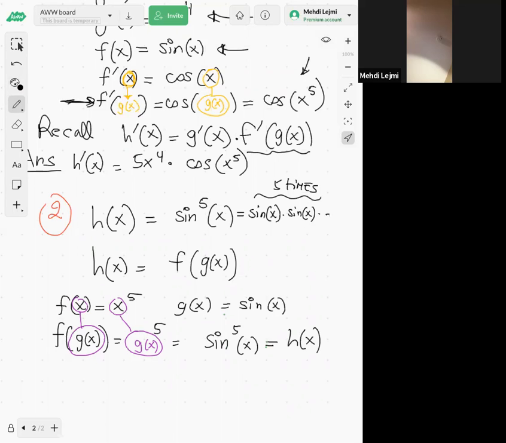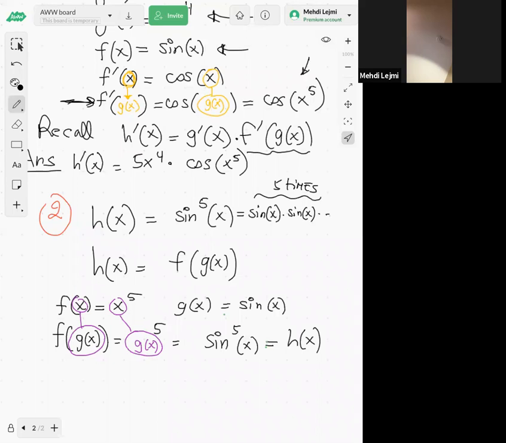So once you know what f and g are, now all you have to do is apply the chain rule. But sometimes it's not easy to find the f and g, to write your h as a composition of 2 functions.